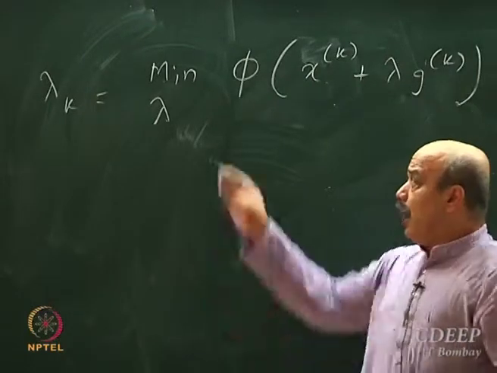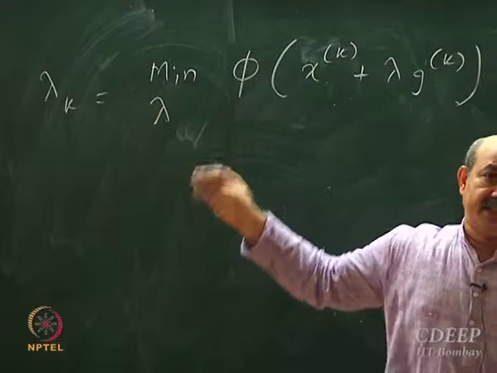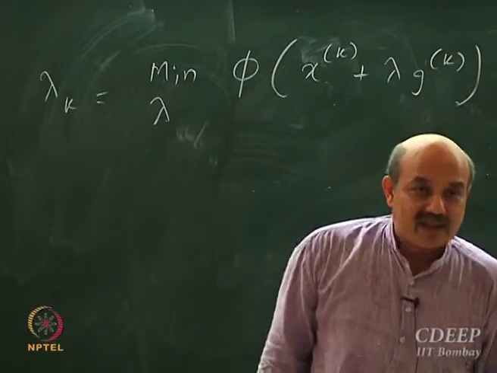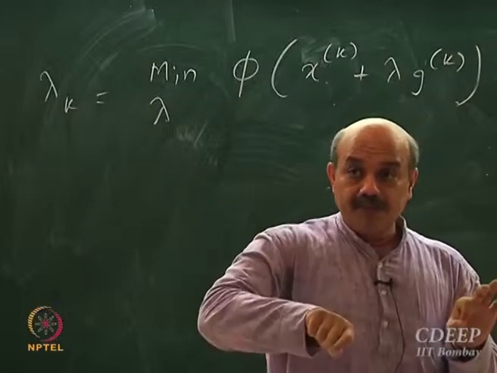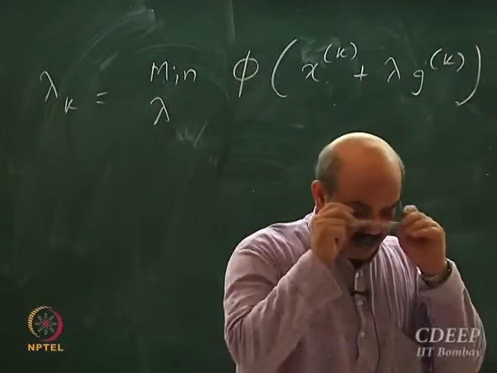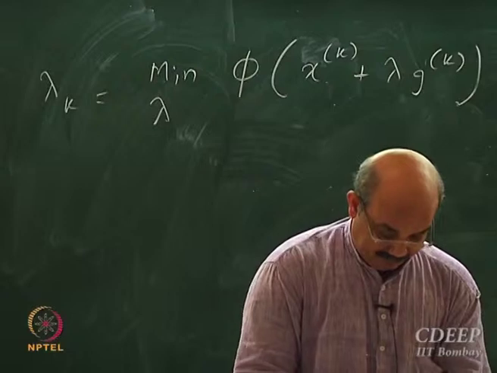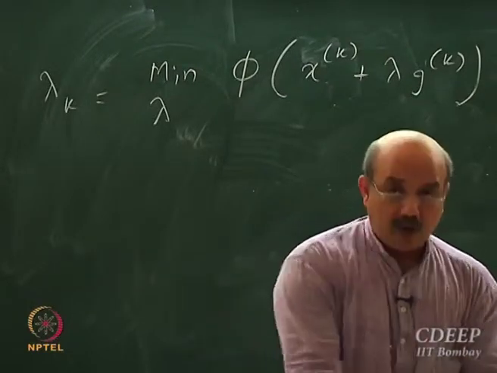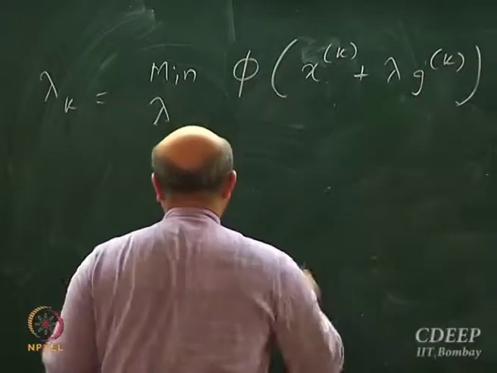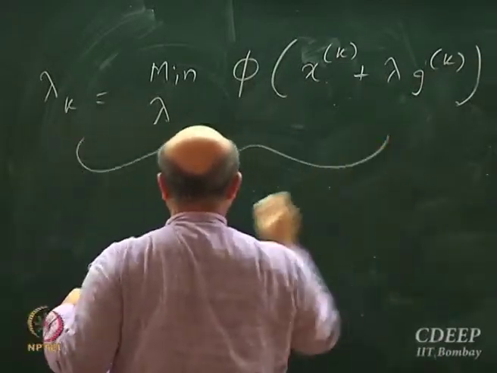Now how to solve this problem? In some cases this problem can be solved analytically, in some cases this problem has to be solved numerically. Now if you just go back, this is called line search, a one-dimensional optimization problem.